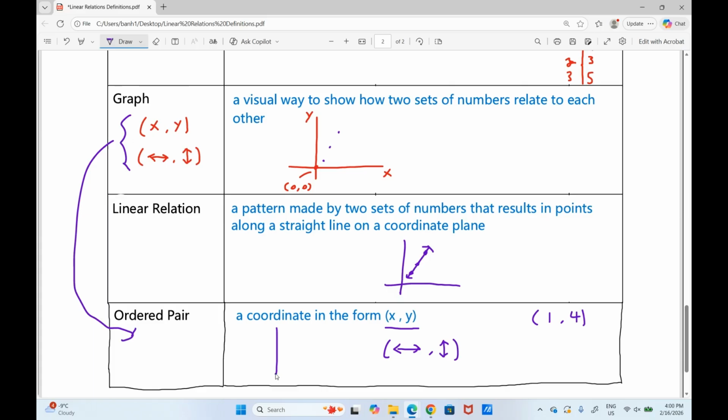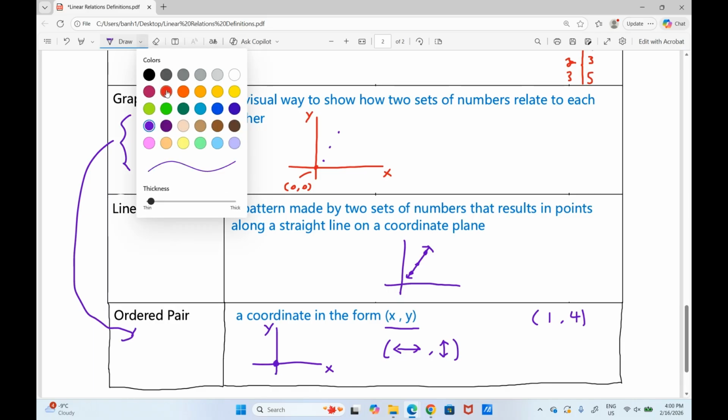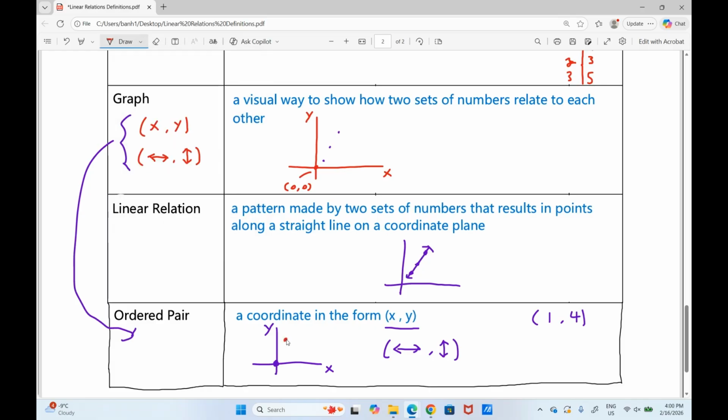And then I have a grid here. X is horizontal, Y is vertical. This is my origin of 0, 0. Because X comes first, and it says 1 here, I would move 1 to the right, and then I would go up by 4. So my point for 1 comma 4 would be here. And that's called an ordered pair.